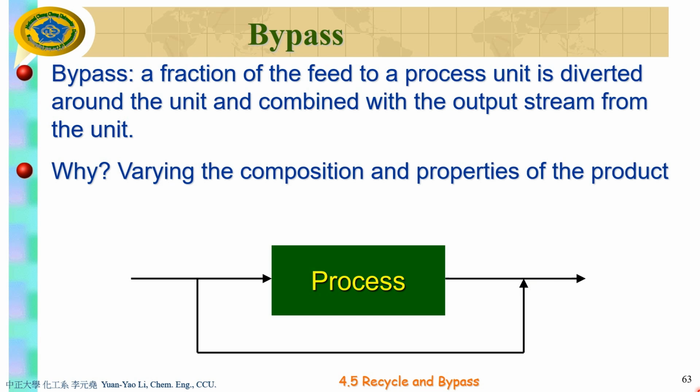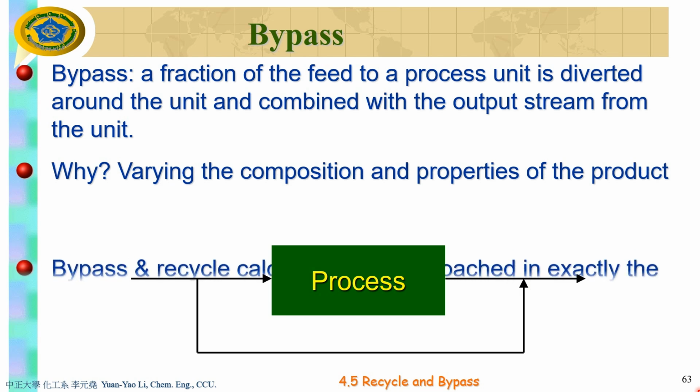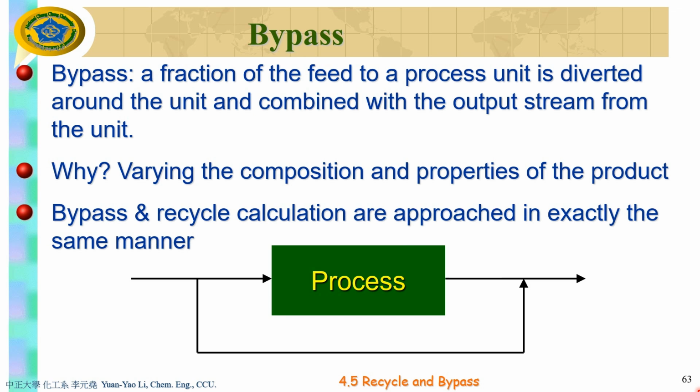So why? I will tell you the reasons in the following slides. But when we do the calculation, input equal to output, the bypass, recycle, and circulation are approached in exactly the same manner. So this is a joint point, and this is a splitting point. When you do the recycle, this is a joint point, this is a splitting point.